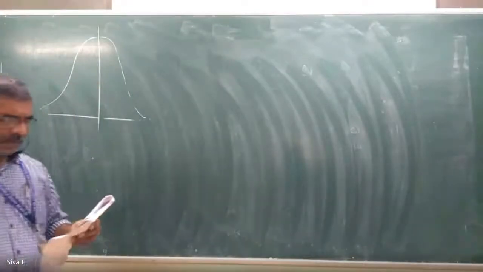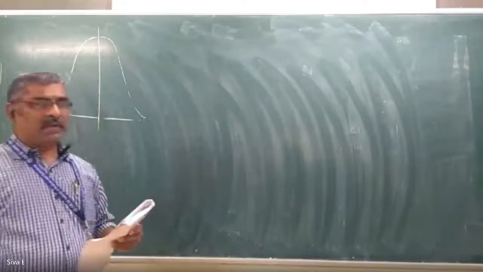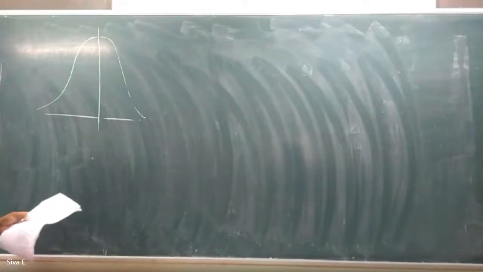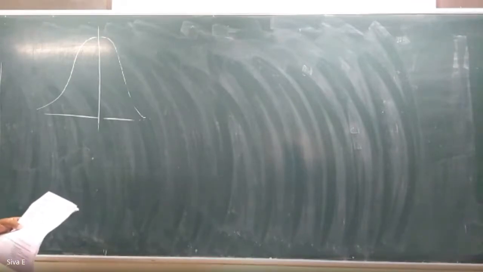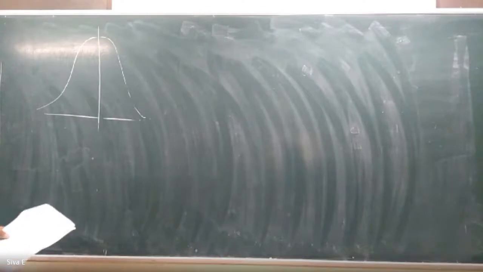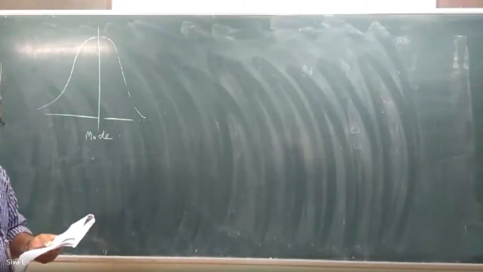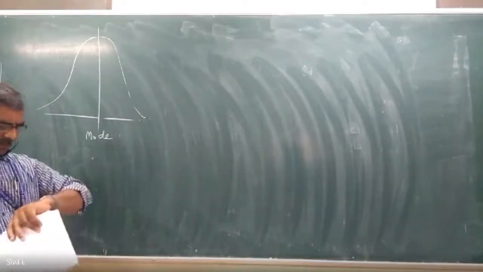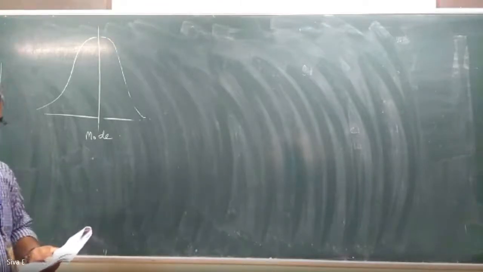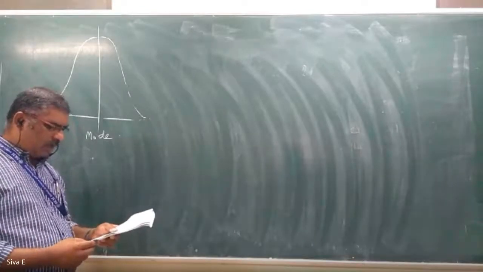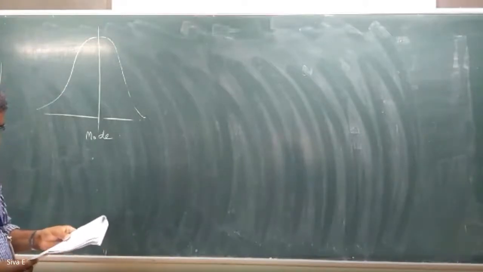The value of the variable which occurs most frequently in the distribution is called the mode.